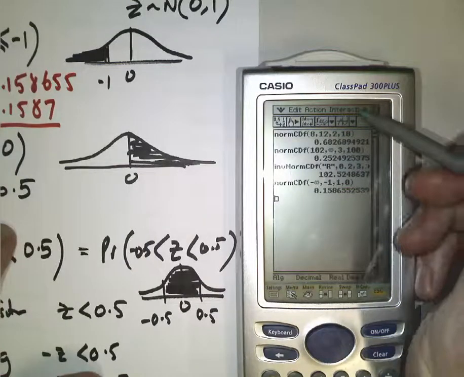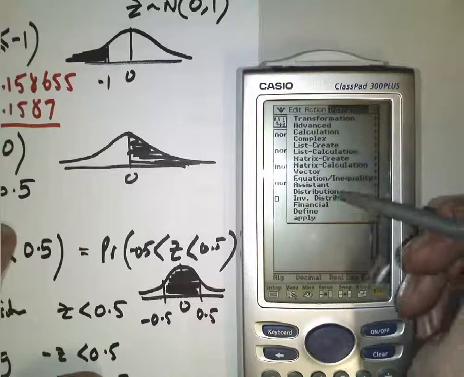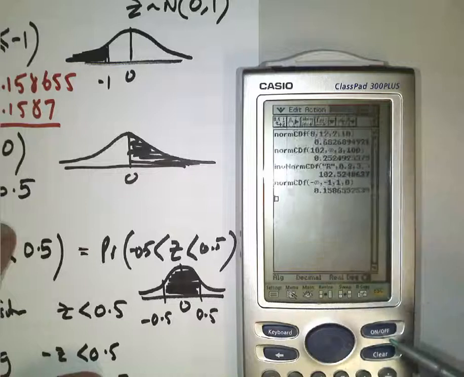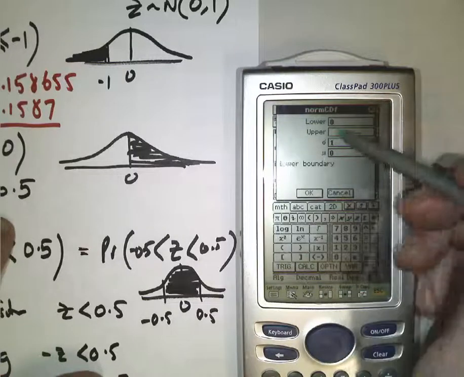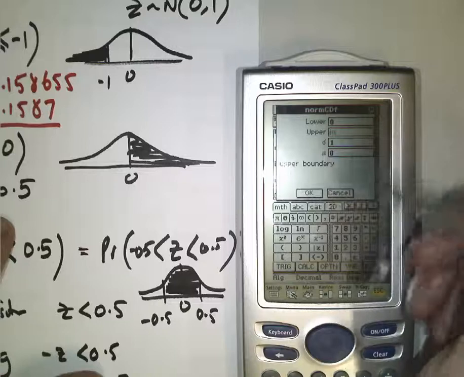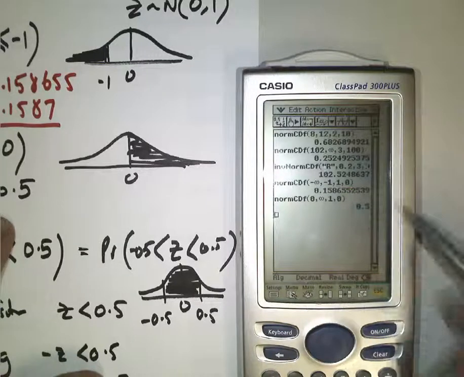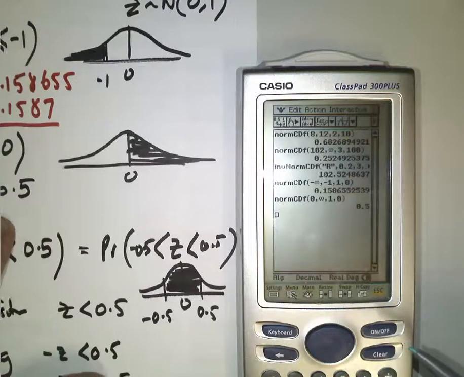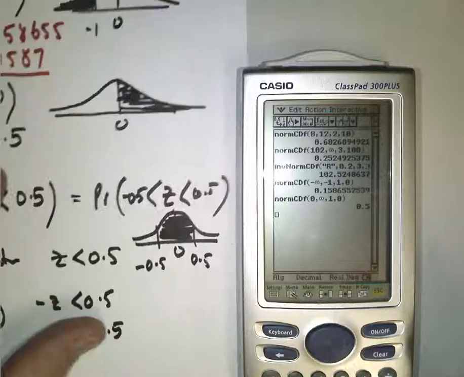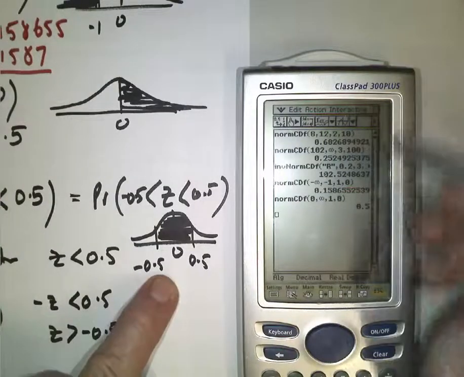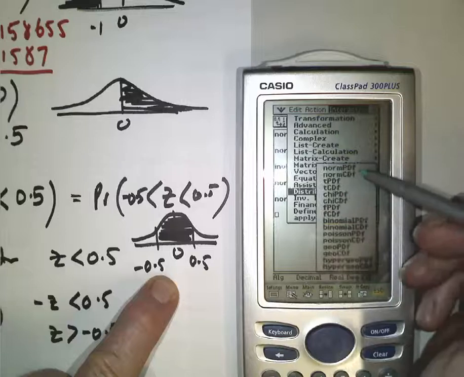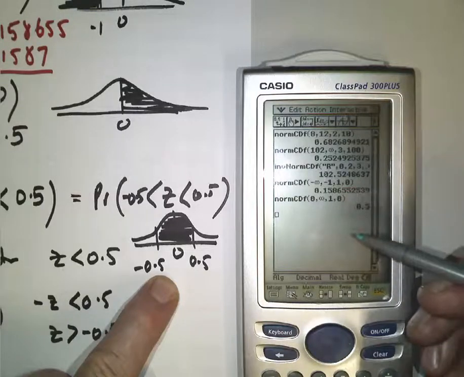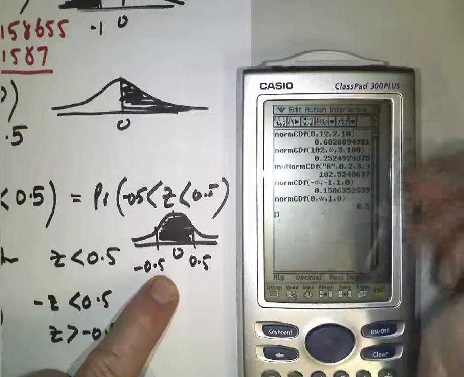The second one, Distribution, Normal CDF, greater than 0, so the lower is 0, the upper is infinity, okay, and of course 0.5, which is what I predicted. And lastly, this one here, Distribution, Normal CDF.